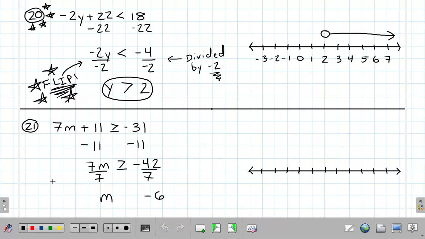I divided by positive 7. So it didn't matter that the 42 was negative. What matters is, what did I divide the negative 42 by? I divided it by a positive 7. So that means, once again, my symbol should stay the same.